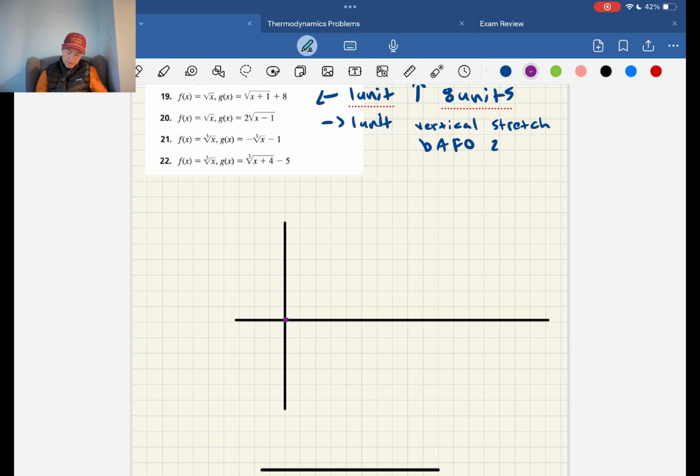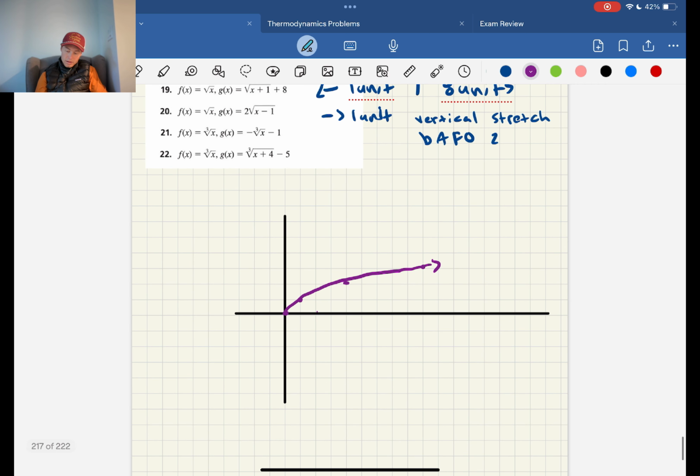So 0, 0, 1, 1, 4, 2, and 9, 3. All right, here's the parent function, square root of x.